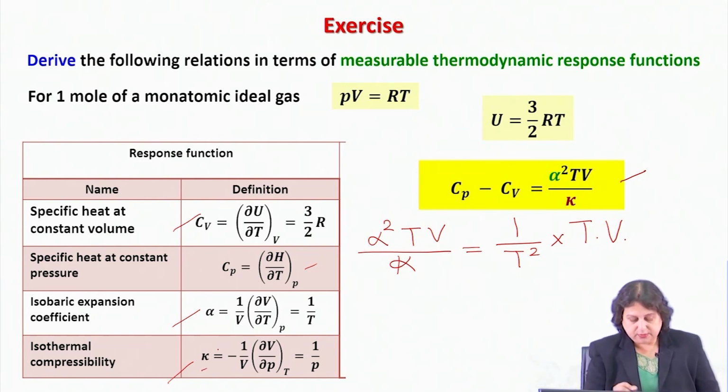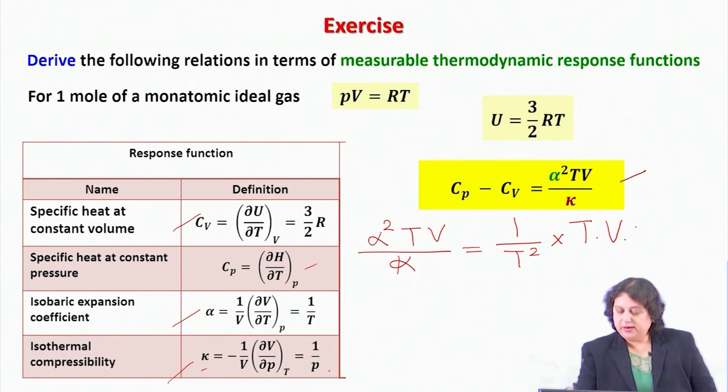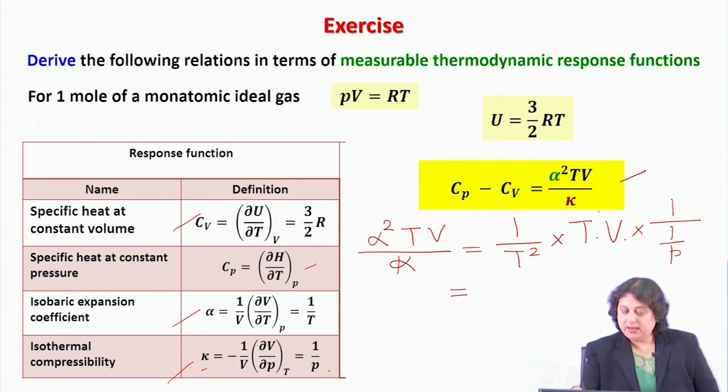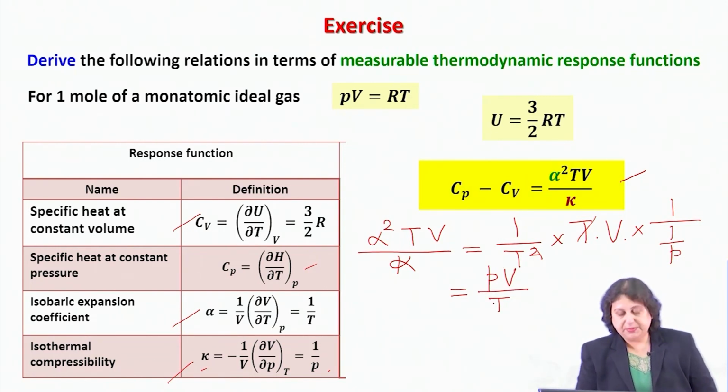Now kappa is equal to 1 by P, and therefore I will write this as 1 divided by 1 by P. So this term turns out to be PV divided by T. Now what is PV?